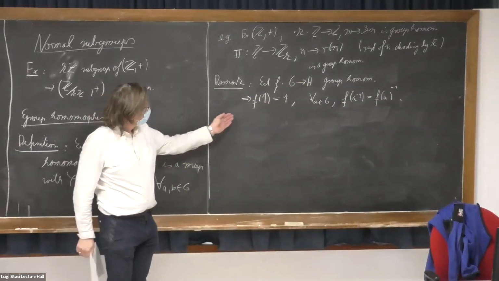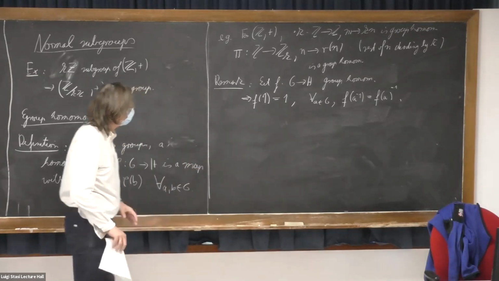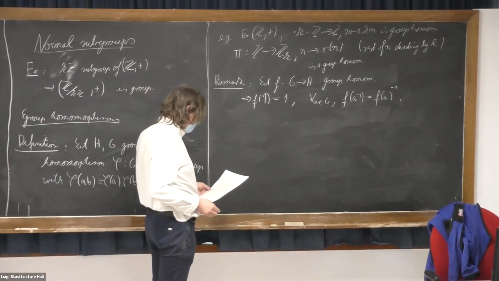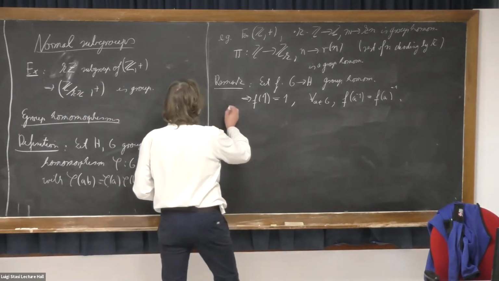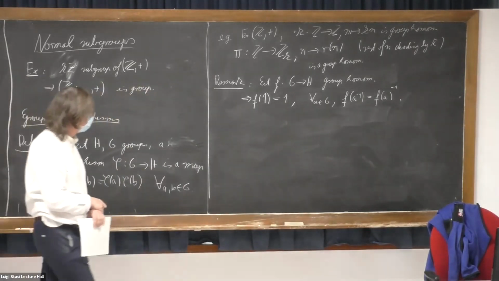That's, I think, an exercise that is completely trivial. It takes half a line of symbols to write it down. We also have, as usual, that the composition of group homomorphisms is a group homomorphism.